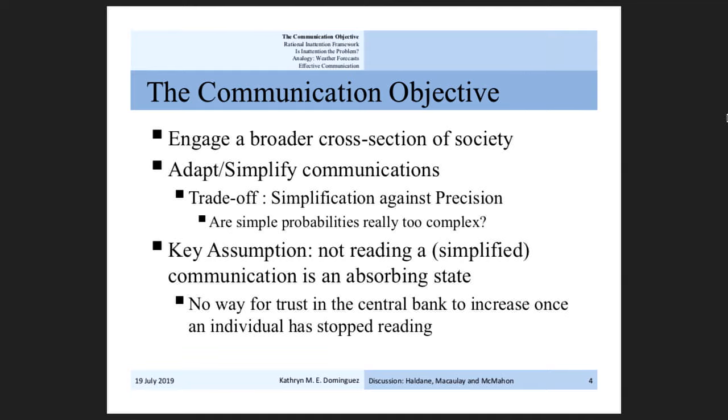And the paper really spends a lot of time on the idea of a trade-off, that there is a need to simplify statements, and in simplifying statements, we are reducing precision and therefore potentially providing incorrect or not the perfect information that you would want in any kind of optimal communication model.